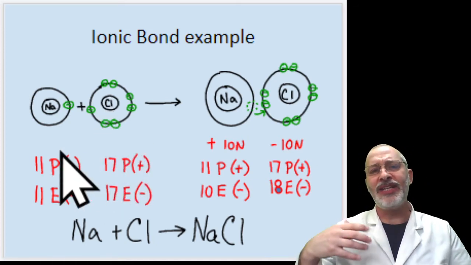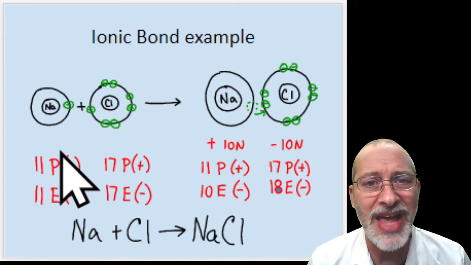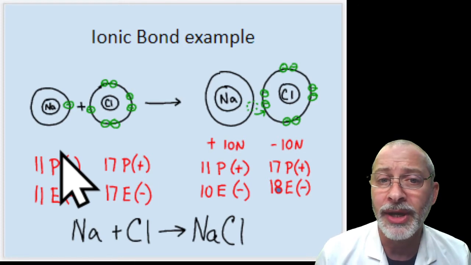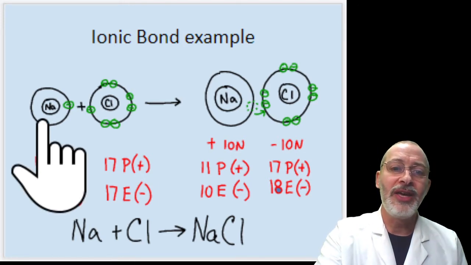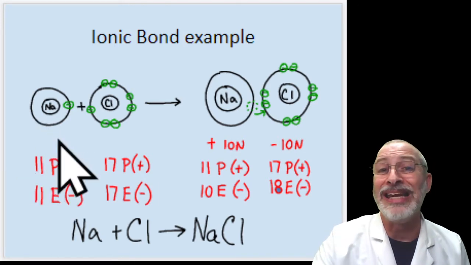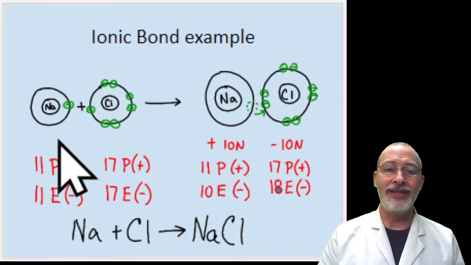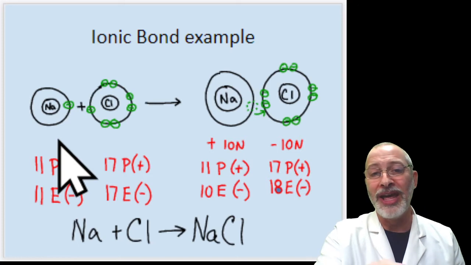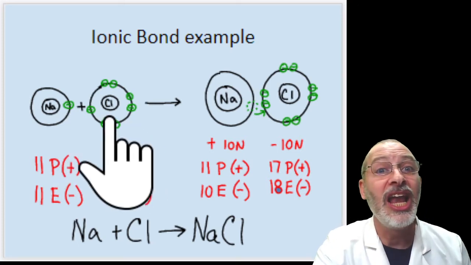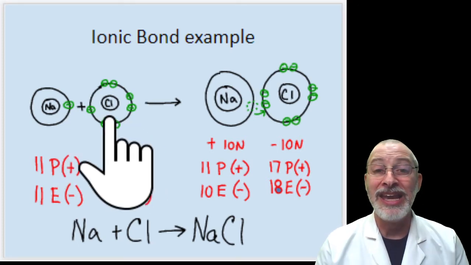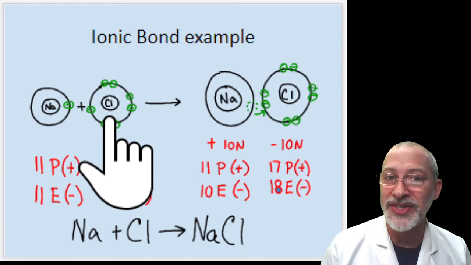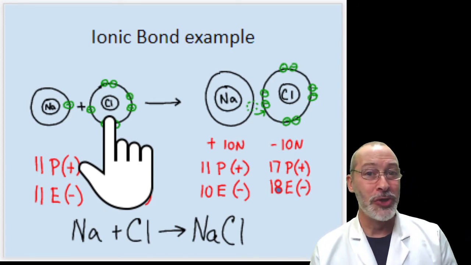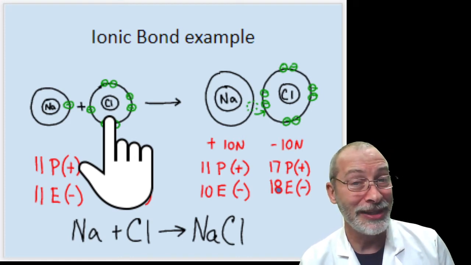Now, let's attach names to these atoms, and perhaps it will make more sense, okay? Let's call this, instead of sodium, let's call it Nate. Here we have Nate. And Nate looks over and sees Clarice. And Nate looks at Clarice and says, "Ooh la la, Clarice looks pretty cute to me."